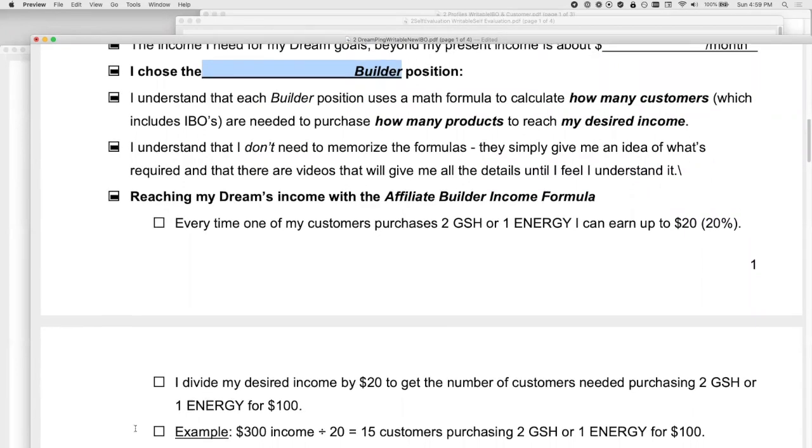The example is, if you want to earn $300 of income, you divide that by 20, that equals 15 customers purchasing 2 GSH or 1 energy, which is $100. Okay, that's all there is to it. So if you know what you want to earn, you know how many people you need buying 2 GSH or 1 energy. It's that simple.